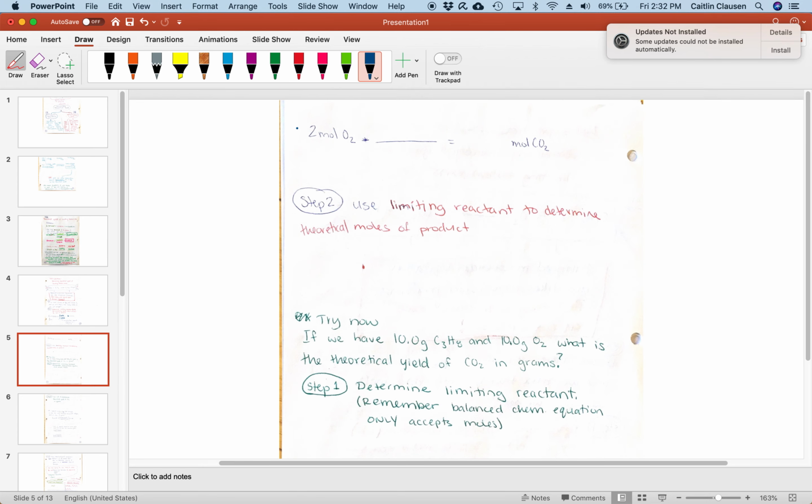If I do the same thing for oxygen, for 2 moles, for every 5 moles of oxygen, I want oxygen to cancel.